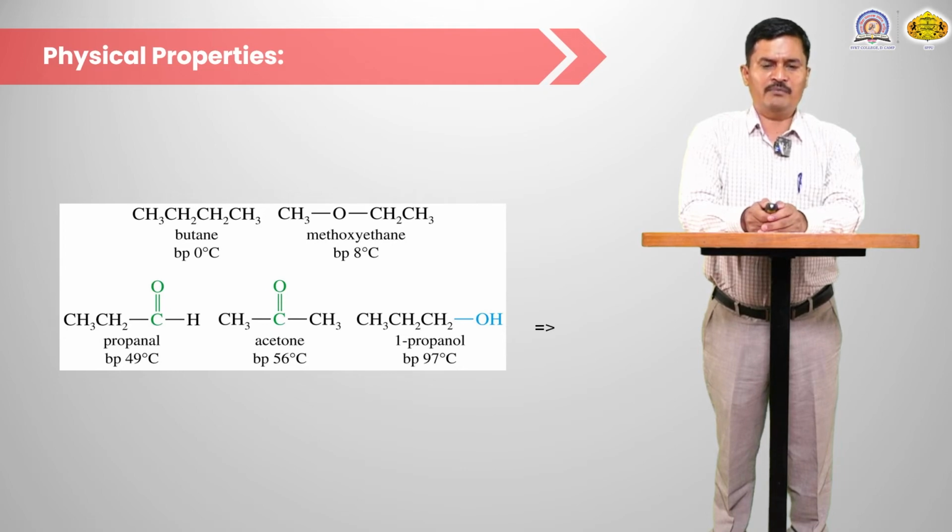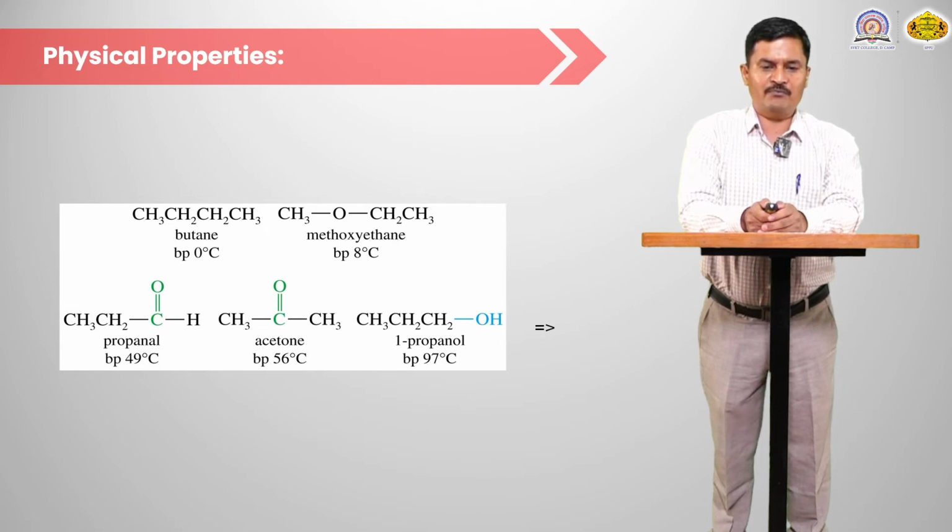And comparing the boiling point of aldehyde or ketone with alcohol of nearly the same molecular weight, for example 1-propanol, the boiling point of 1-propanol is 97 degrees Celsius. The boiling point of propanol is higher as compared to aldehydes and ketones, because in propanol there is formation of strong hydrogen bonding, maybe intramolecular or intermolecular hydrogen bonding.